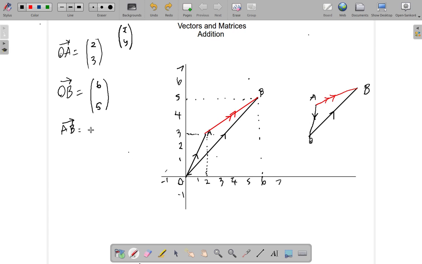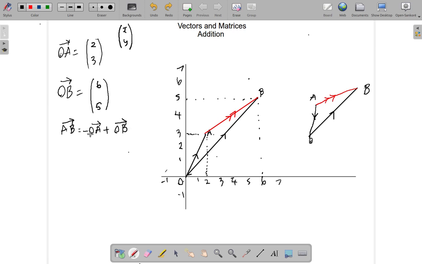So in this case, since I had to turn around the arrow on vector OA, I call it negative OA. It's negative OA plus the arrow on OB remain the same, so it's OB. So AB is negative OA plus OB.